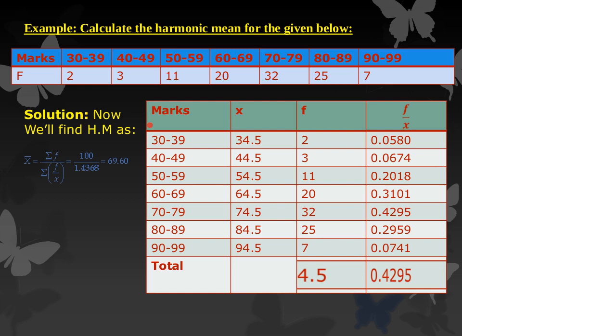So, because we are doing positional averages, the difference between positional averages and mathematical averages comes at this point. When you realize that the data is not continuous, 30 to 39, 40 to 49, 50 to 59, you rearrange.